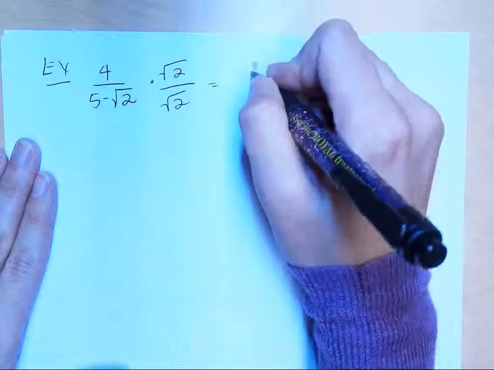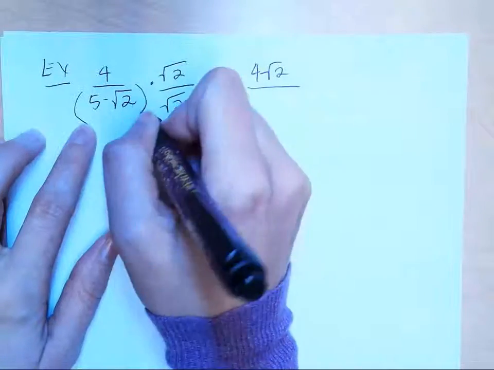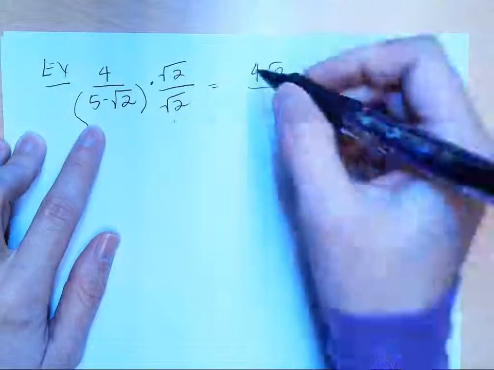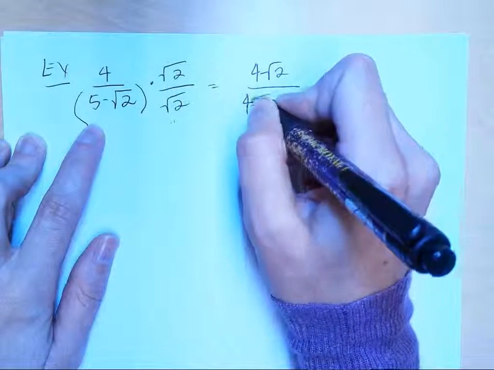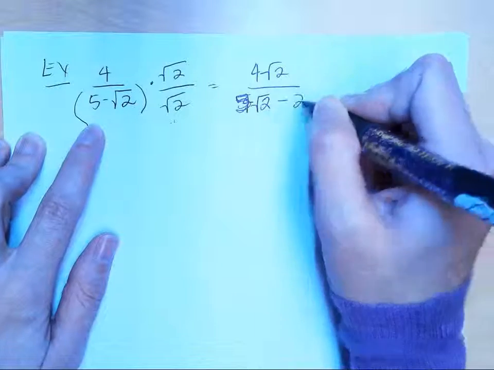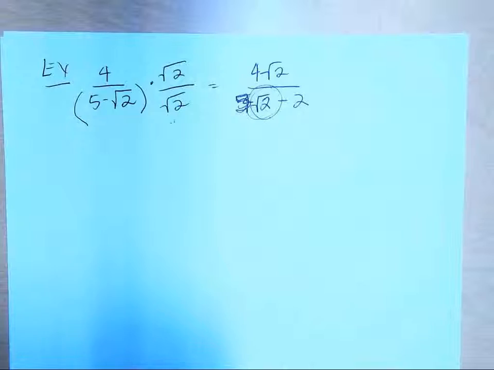On the top you're going to get 4 root 2. On the bottom you have 5 minus root 2 times root 2. What do you do with that? Distribute. So you're going to get 5 root 2 minus 2, but what happens? We still have a square root on the bottom, so we can't do that.